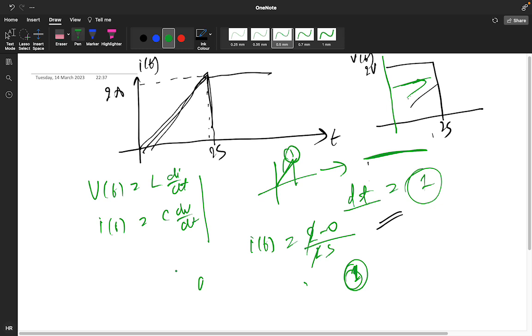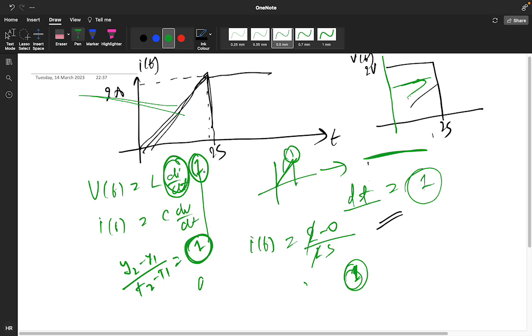How? I just find the slope of this particular graph: y2 minus y1 divided by t2 minus t1. So you will get the slope as 1.